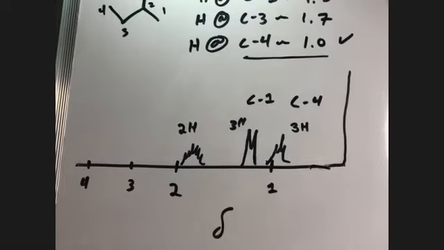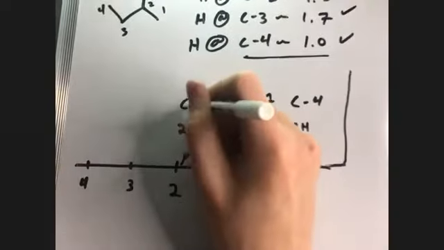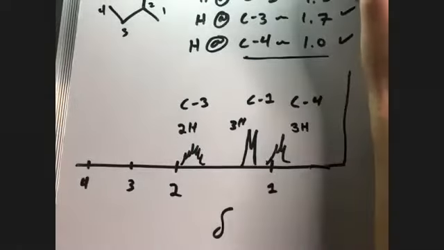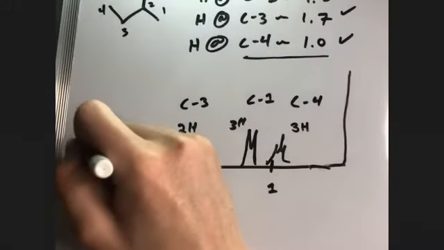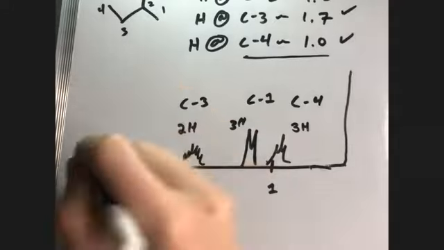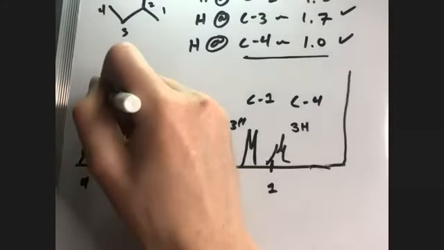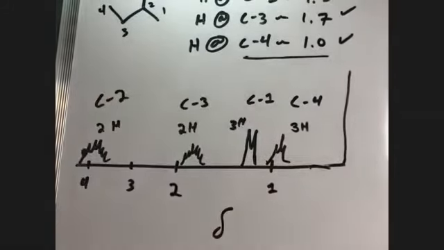And then around 4, we would see another multiplet for the 2 hydrogens at carbon number 2. Okay. So questions on that? I apologize that my illustrations aren't the best.